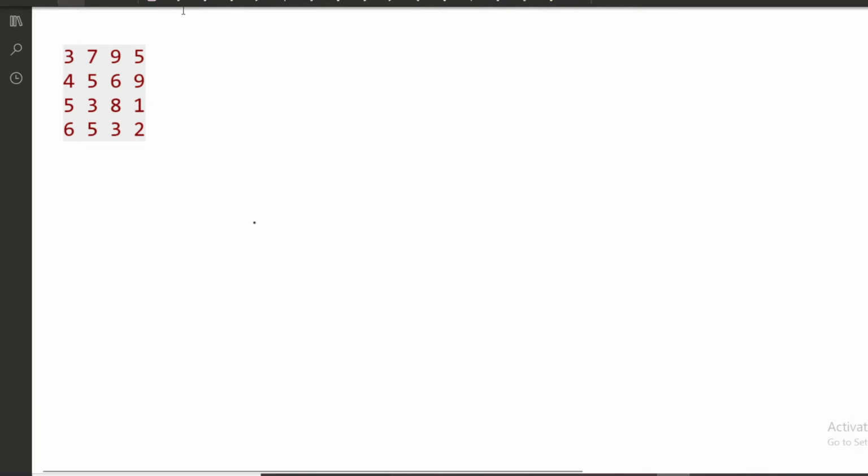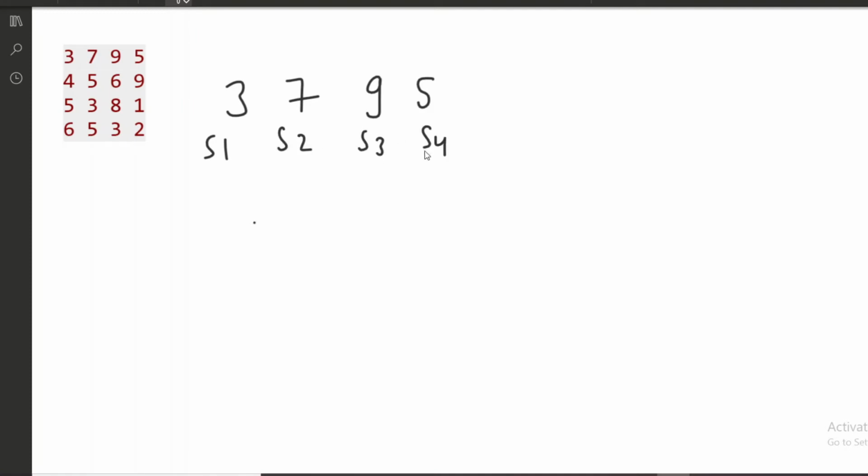Let's discuss the first test case, that is 3, 7, 9 and 5: skill 1, skill 2, S3, S4. These are the skill ratings of P1, P2, P3 and P4.